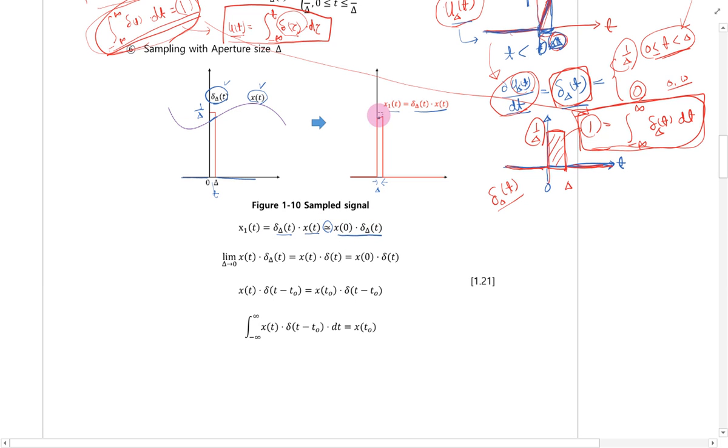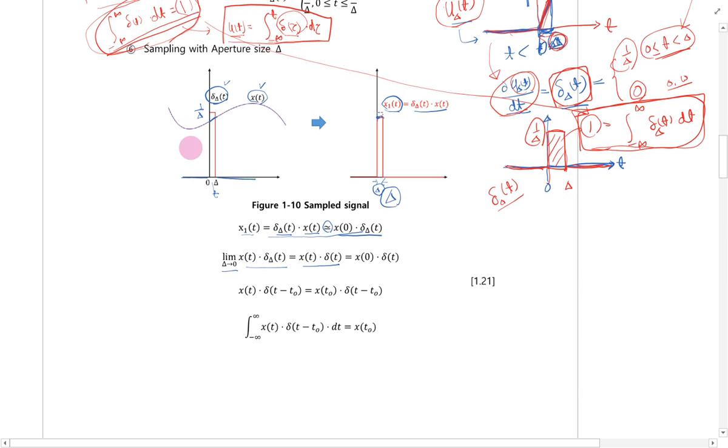Even though x(t) is changing over this delta time, it can be approximated as this value. And if we take delta to the limit of 0, then this looks almost like the ideal delta function.